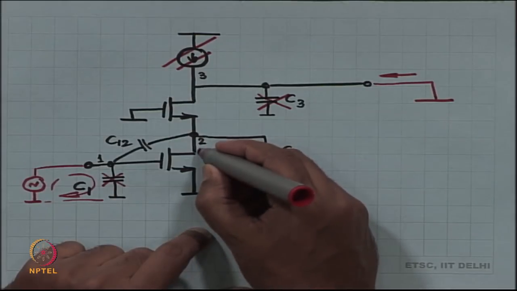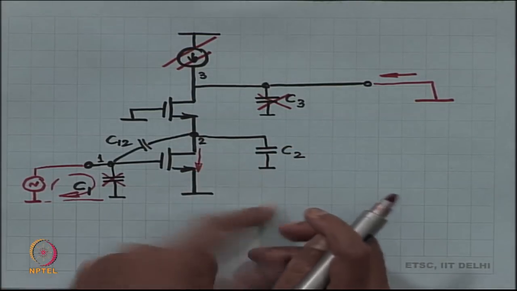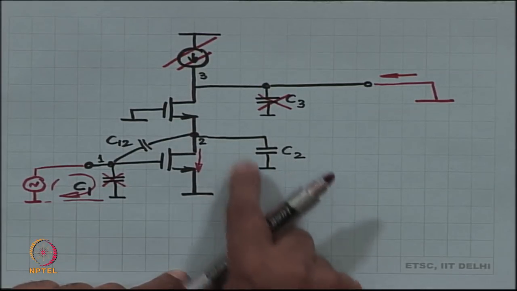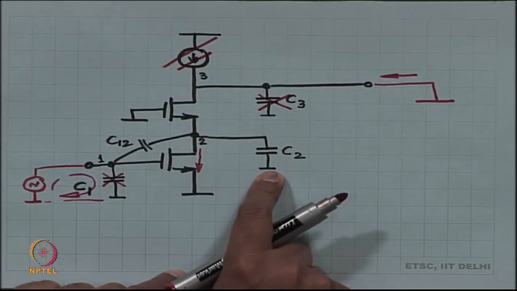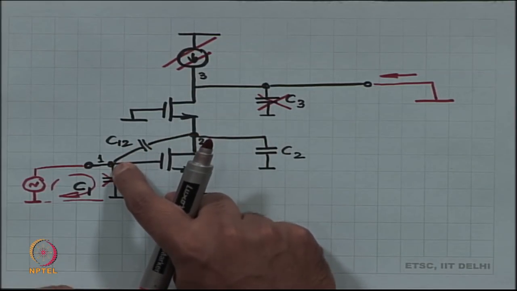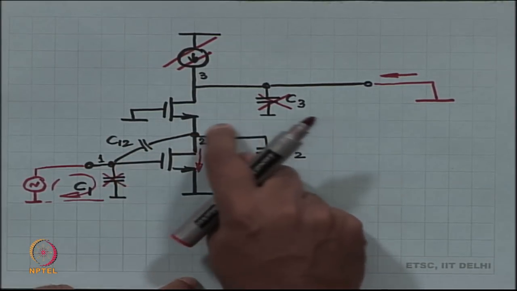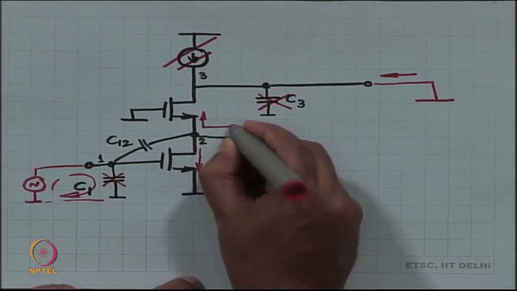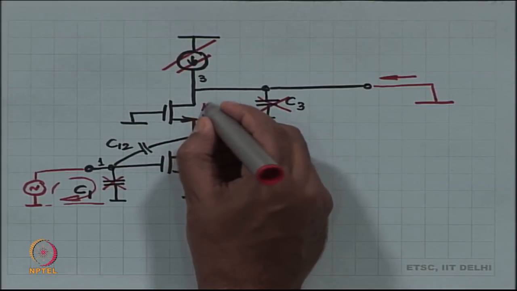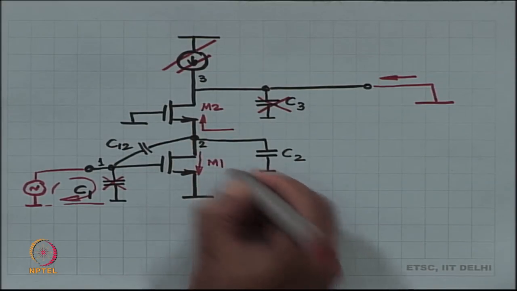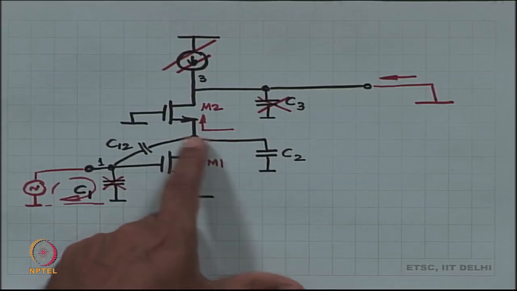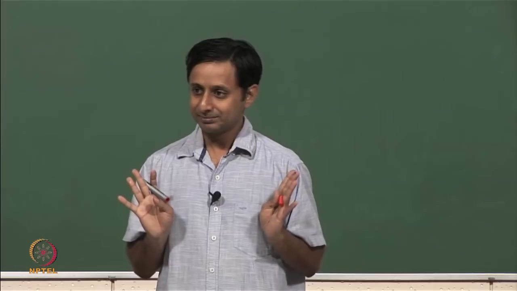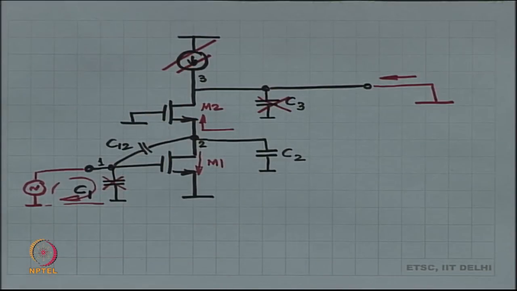Gmb times V in is anyway out. There is an RDS, there is now a C2, there is also a C12, and there is the impedance looking into the source of M2. That impedance is unchanged from the DC, whatever you had computed, it is the same old stuff.